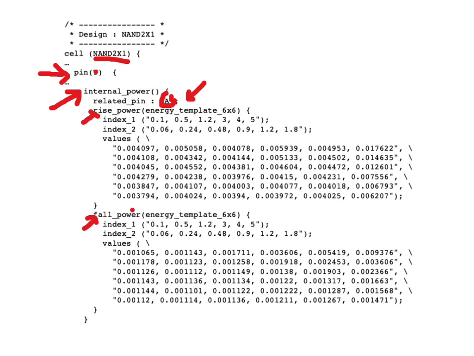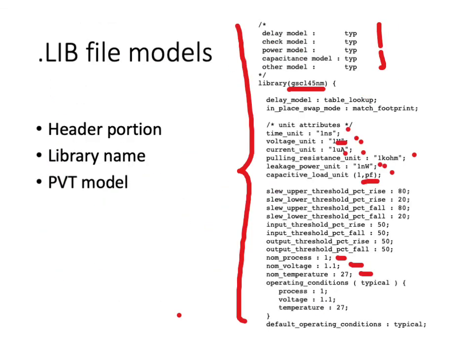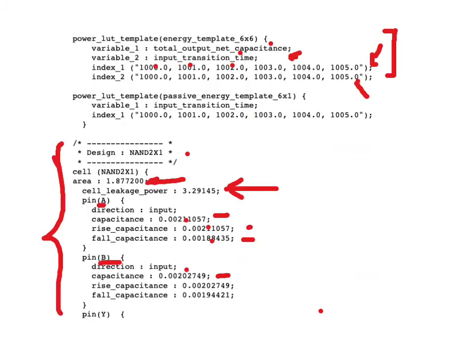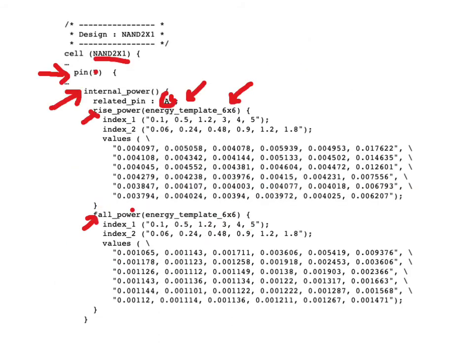So let's jump straight into the meaning of this file. As we can see, the table of energy transitions is using the energy template 6 by 6. And just to refresh our memory, variable 1 is the total output capacitance in picofarad, and variable 2, which is the column, is the input transition time in nanoseconds.